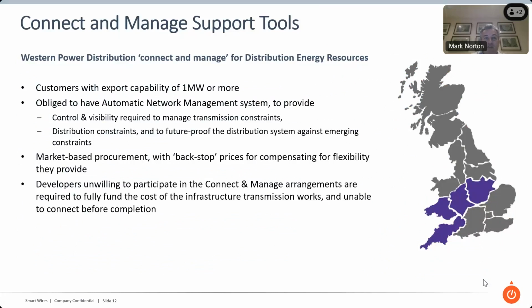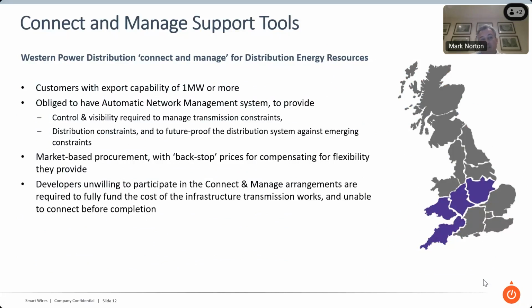Another connect and manage tool has been implemented in Western Power Distribution. They used the same title, unusually, but for a connect and manage approach for distribution and distributed energy resources.